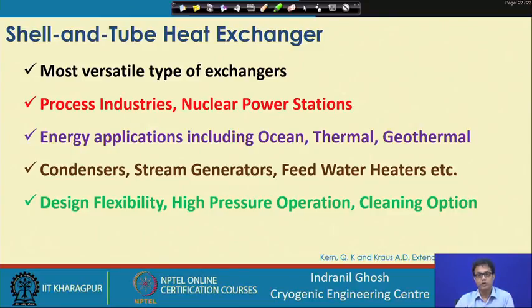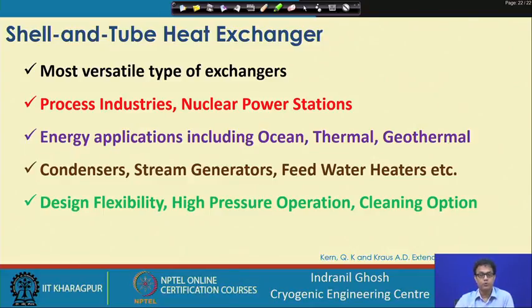Whenever we are using dirty fluids, which often generate scales on the heat transfer surfaces, they give some kind of fouling resistance to the heat transfer.